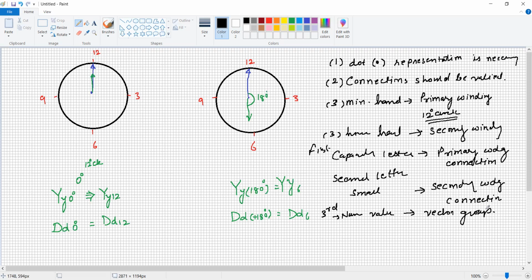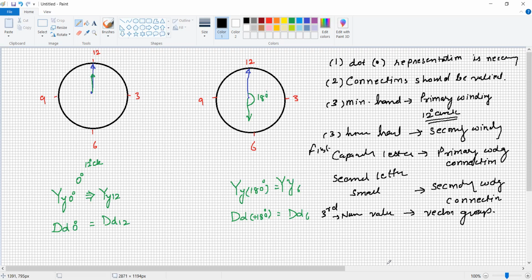Plus 30 degree is 1 o'clock, so one group, the lagging side. It represents the 1. Okay, and the leading side is represented as 11. So this is the vector group representation of a three-phase transformer.